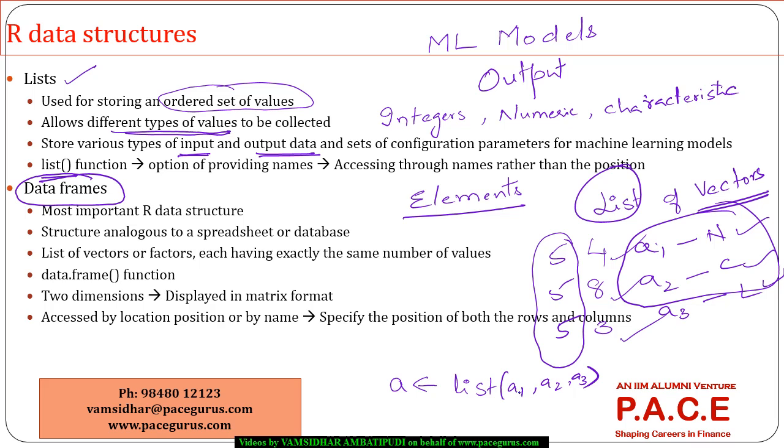And if I want to access A1 out of it, I can use a dollar notation and give the name, $A1. So out of this list called A, pull out this element or the subset of it called A1. So you can directly access it by the name rather than by the position.